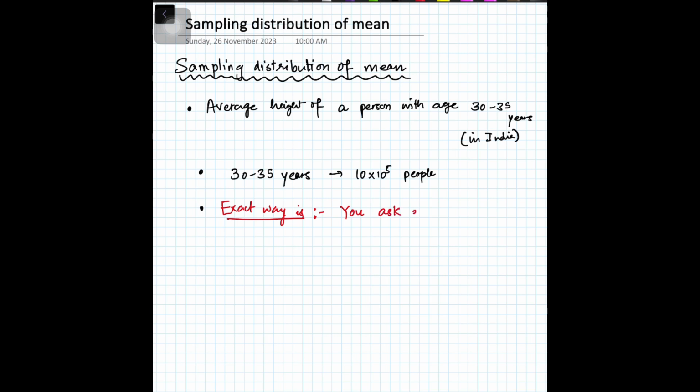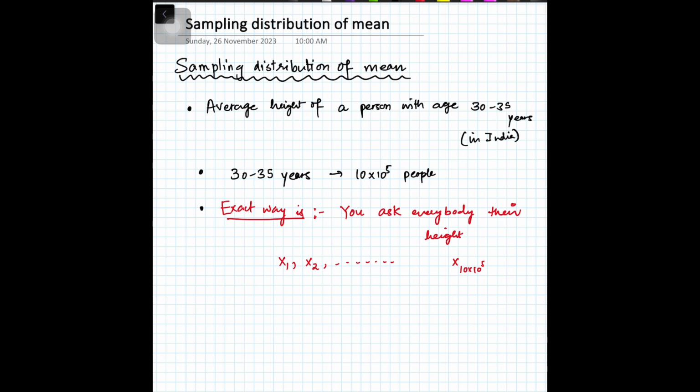You ask everybody their height, and then you have these numbers x1, x2, and so on. x1 stands for the height of the first person, x2 stands for the height of the second person, up to x of 10 into 10 to the power 5, the height of the 10 lakhsth person.